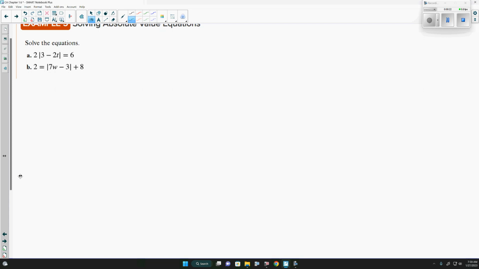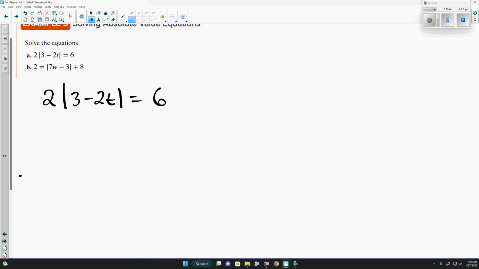The first main step in solving an absolute value equation is to get the absolute value by itself, and then we can solve from there. So whenever we see this one here, 2 times the absolute value of 3 minus 2t is equal to 6, we need to get that by itself.